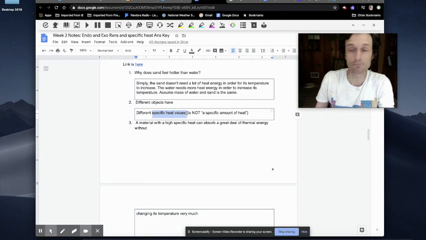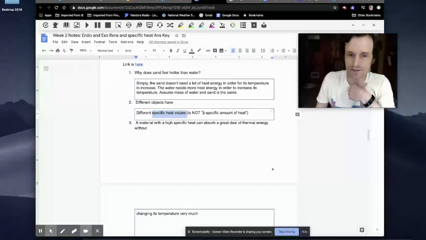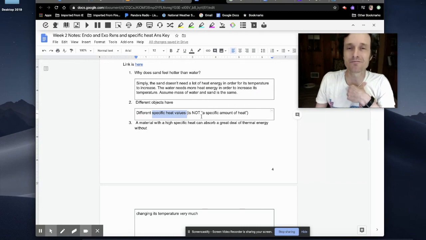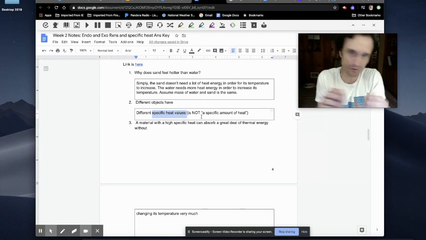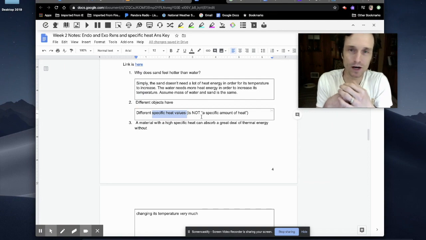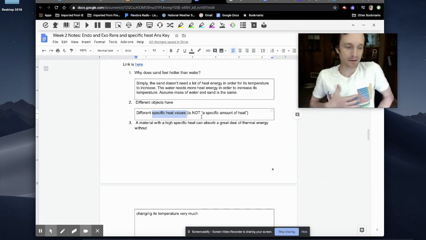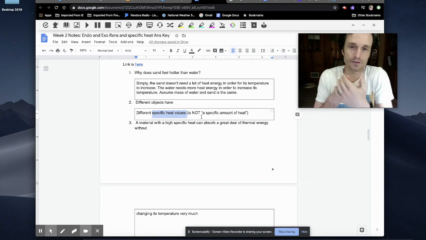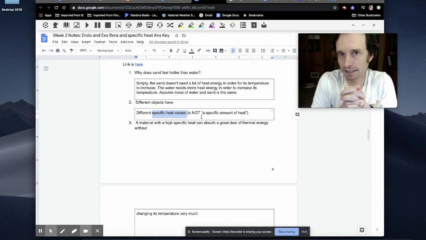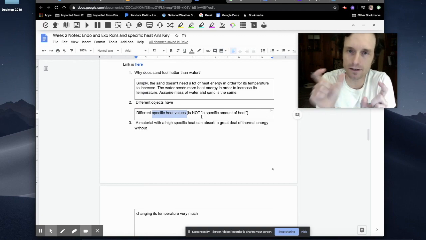And we recognize that, again, this specific heat doesn't mean a specific amount of heat, like I have a specific amount of heat for this cup of hot cocoa or something like that. No, it's a property of the material, and it gets confusing because of the word specific.